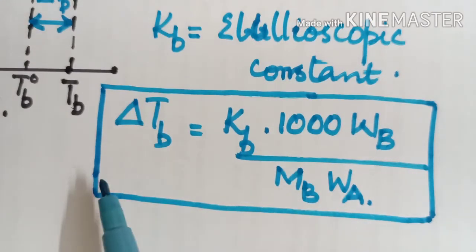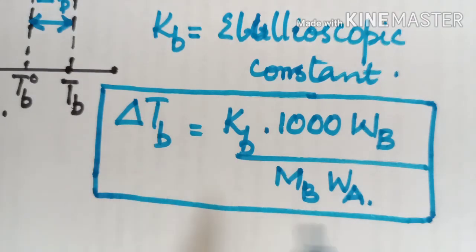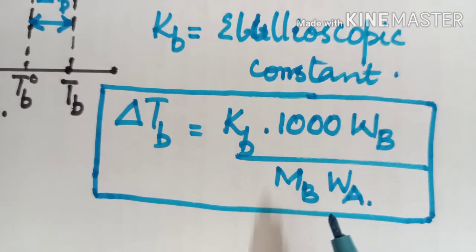Here too, you find that the change in the boiling point is dependent only on the amount of the solute that is dissolved in the solvent and not on its nature. So this elevation in boiling point is also an example for colligative property.